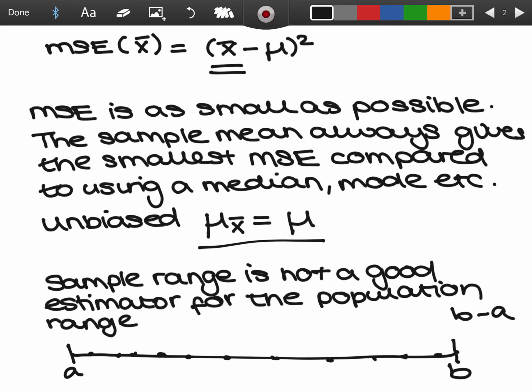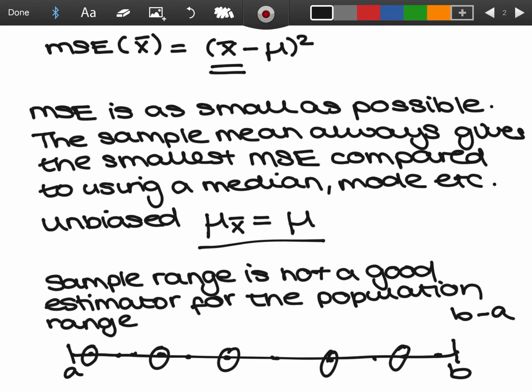But even if you were to take a representative sample, so you took them all the way along, let's say you took those, okay, your sample range is still smaller than your population range. You can never get it large enough unless you took the two endpoints.